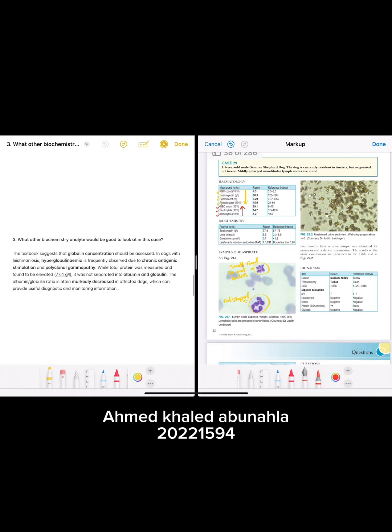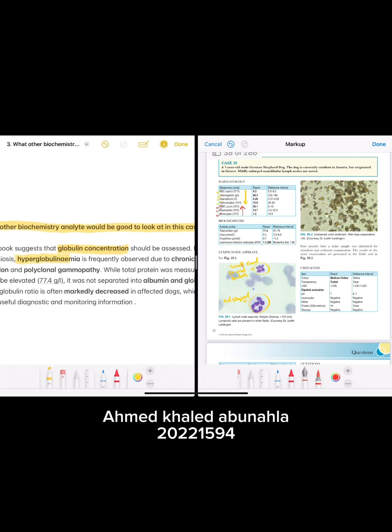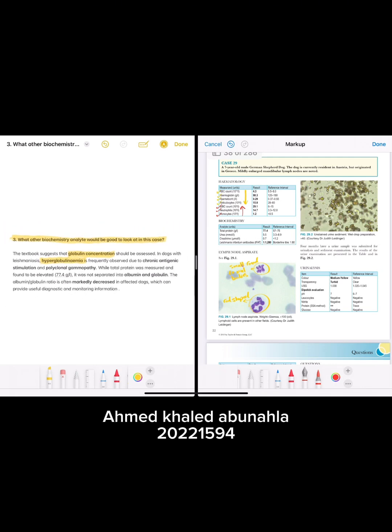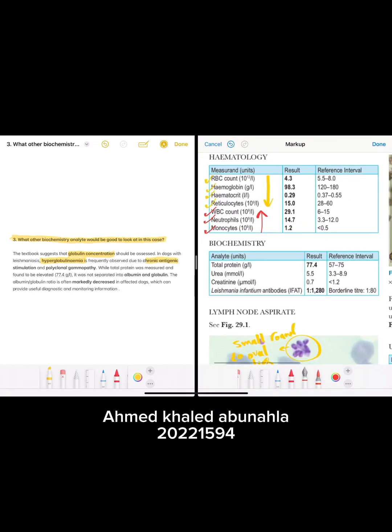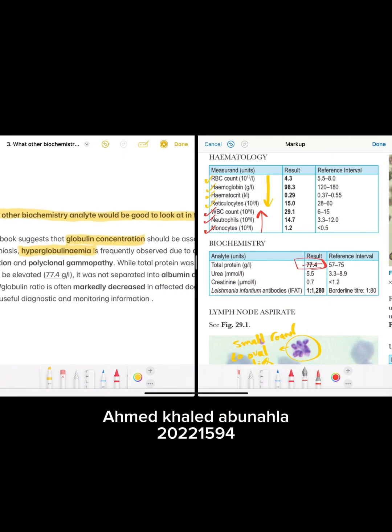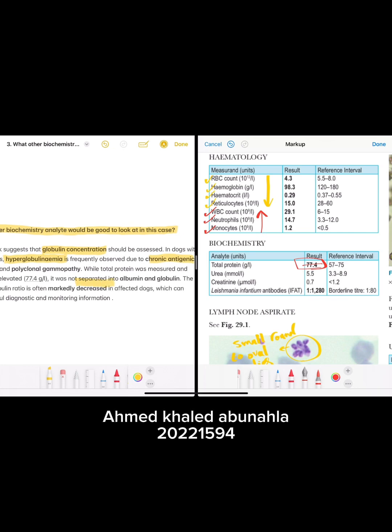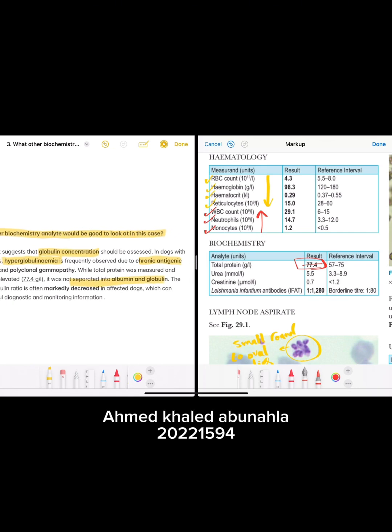Question number 3. What other biochemistry analyte would be good to look at in this case? Globulin concentration is so important to be assessed. In dogs with leishmaniosis, hyperglobulinemia is frequently observed in chronic antigenic stimulation. But in our case, the total protein is elevated to 77.4, but it was not separated into albumin and globulin.